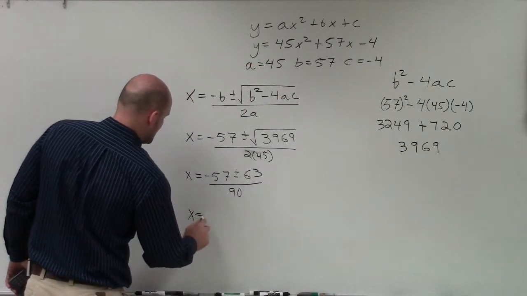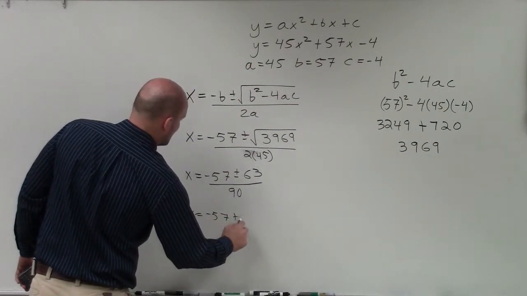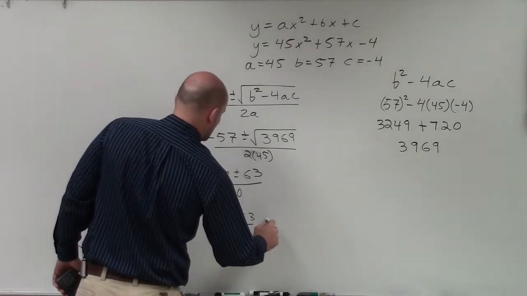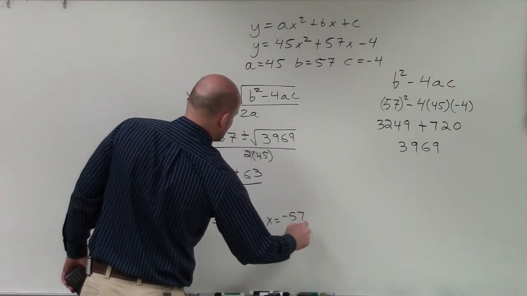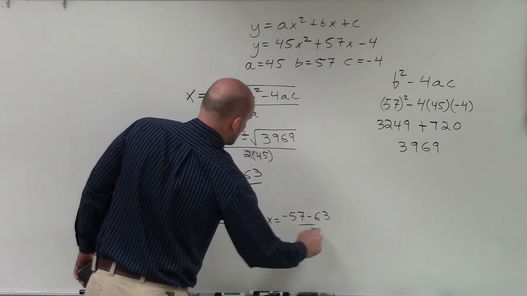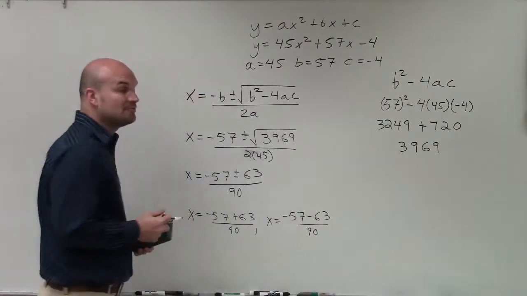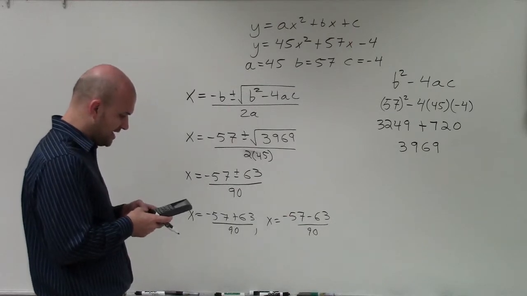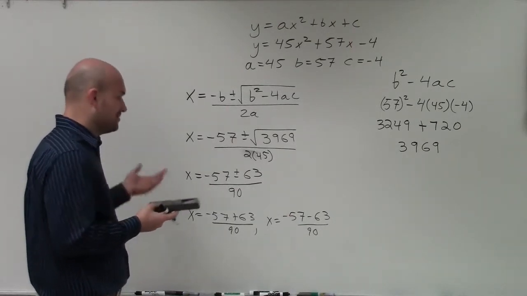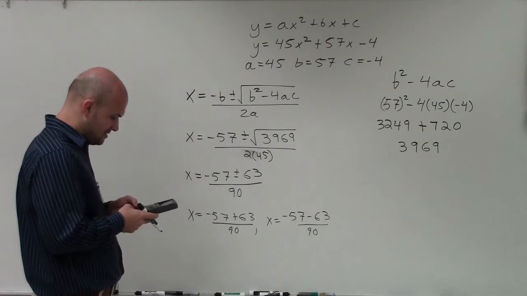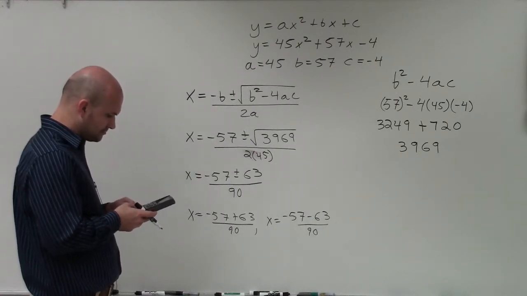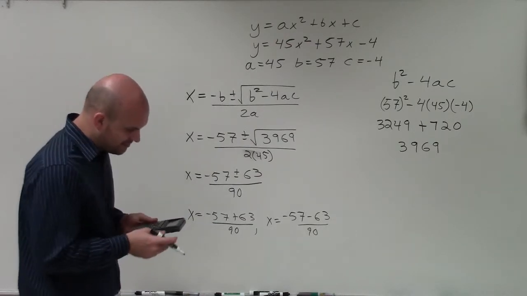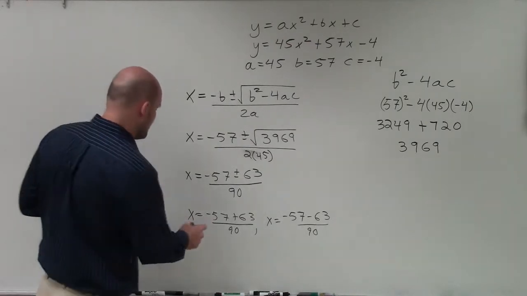Now what I'm simply going to do is apply this for my two solutions. I'll take x equals negative 57 plus 63 divided by 90, and then x equals negative 57 minus 63 divided by 90. I'll complete the operations in the numerator first, and then I'll divide by 90. So negative 57 plus 63 is just going to be 6, and then divided by 90, keeping that as a fraction, is 1/15.